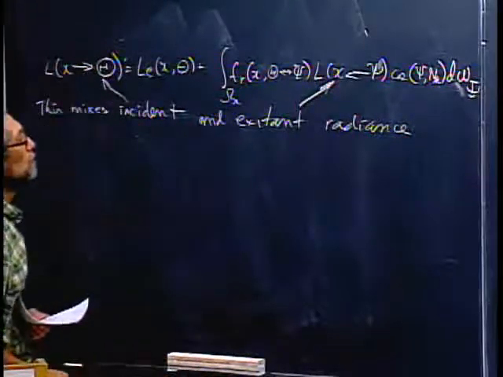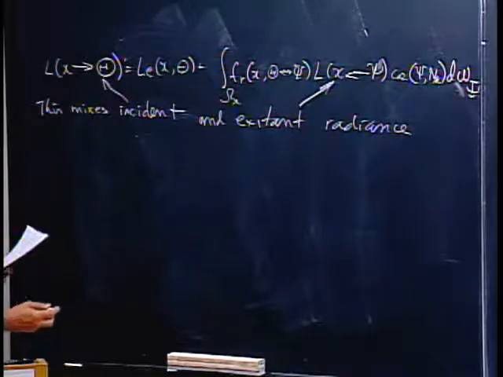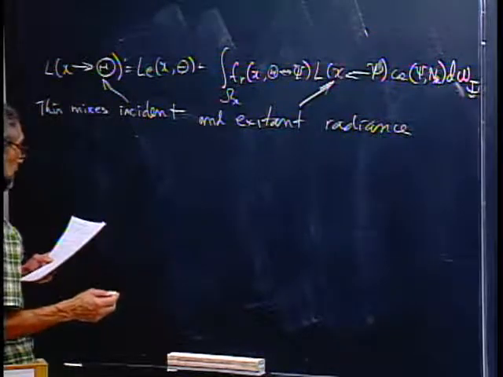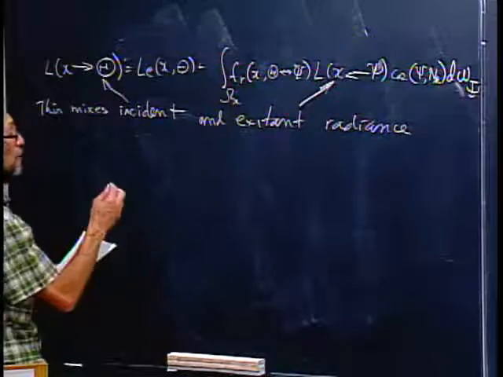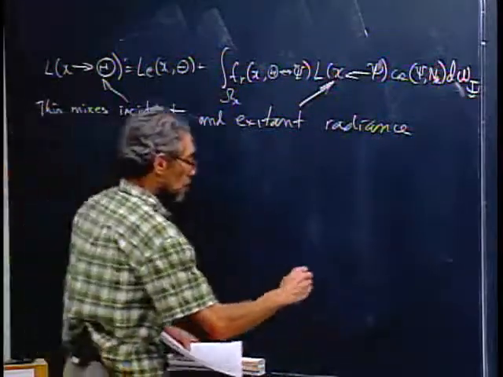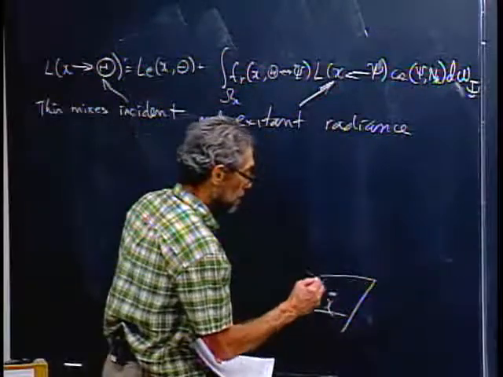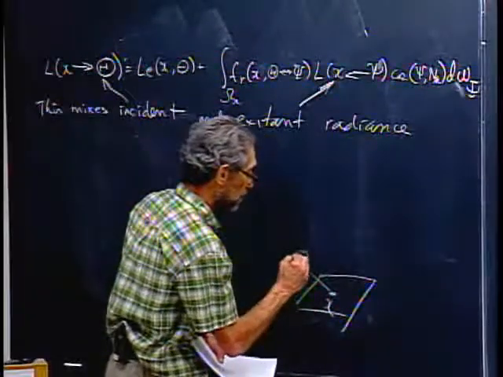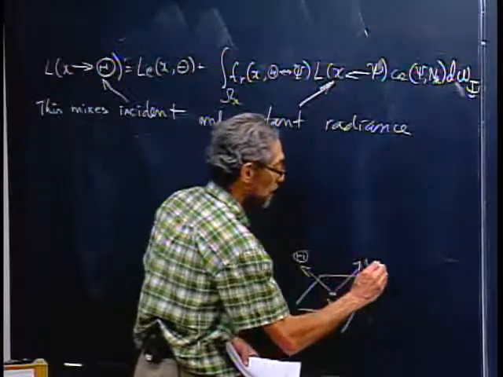So what we're going to do is replace one or the other by some formula that only uses what the other one uses. So suppose we want to make everything in terms of excident radiance. Here is x, and here is the excident radiance in direction theta, and here's this variable of integration psi.